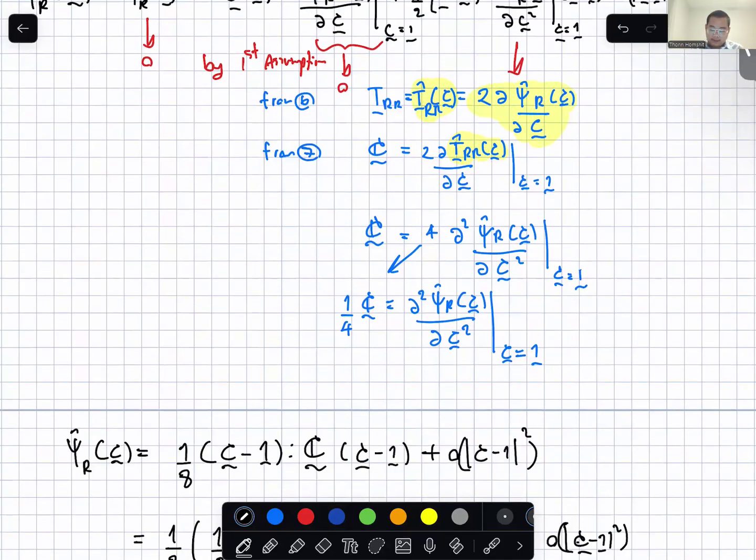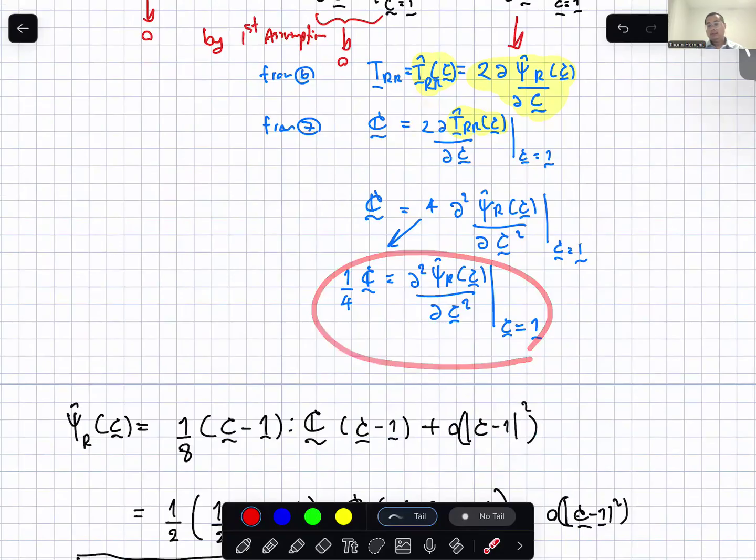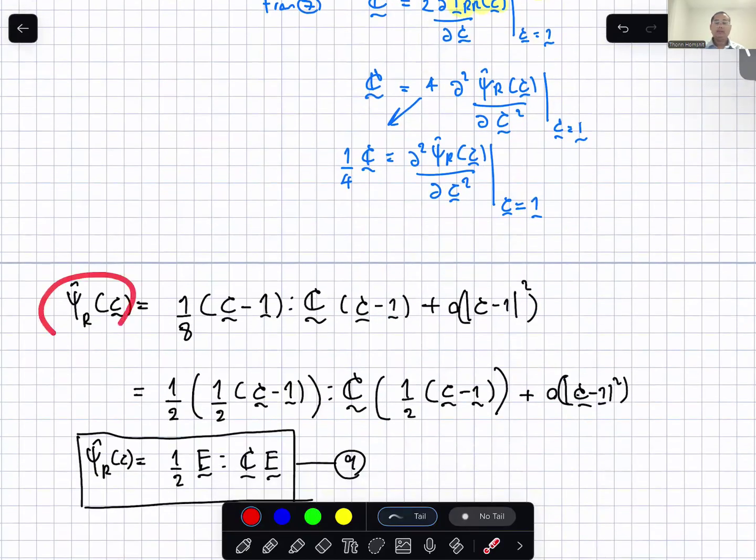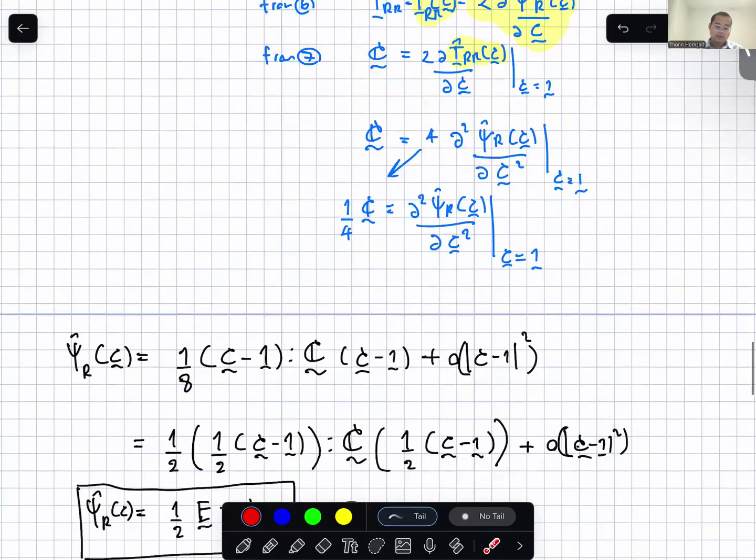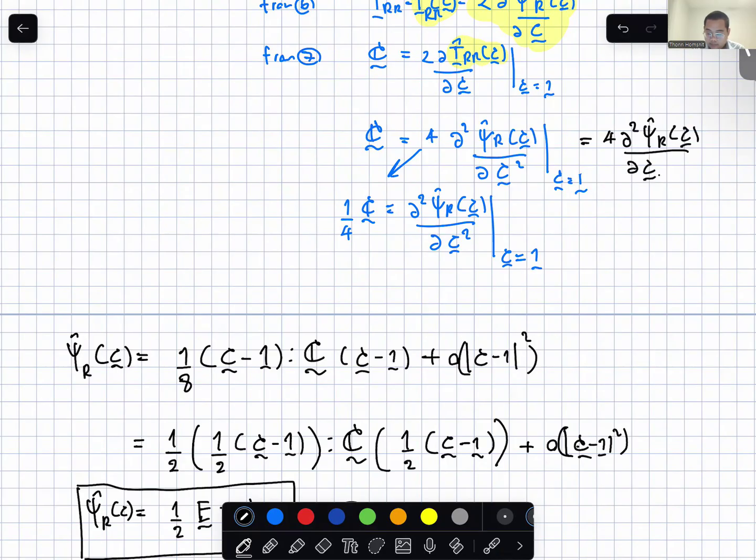We can see that this information not only simplifies the estimation of the free energy, but it also gives us another piece of information: the elasticity tensor is symmetric, in the sense that if we write it in index notation, it is the derivative with respect to C_ij, and again with C_kl.